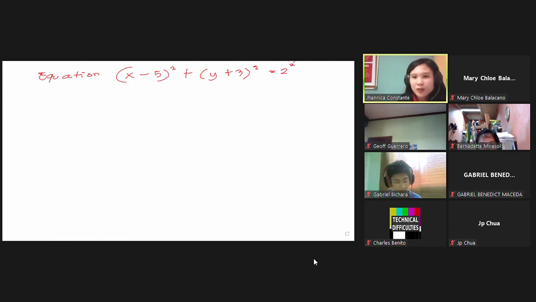So that is our equation of the circle. And we have a point that we're going to identify if it's on, inside, or outside of the circle. We have the point (-3, 2). That's the coordinate of our point. Okay. What will be the position of this point in the equation of the circle? Can you try to solve? Is it outside, inside, or on the circle?